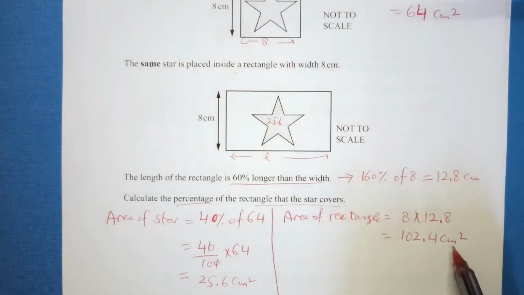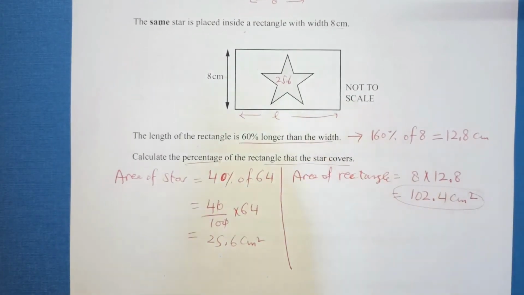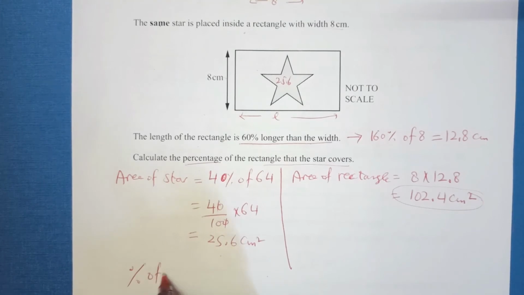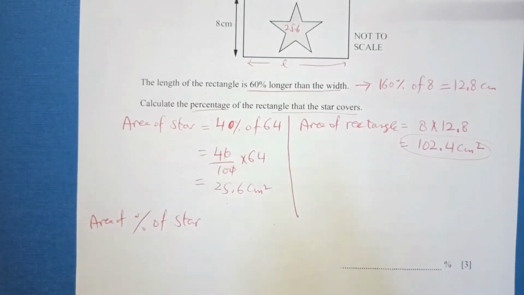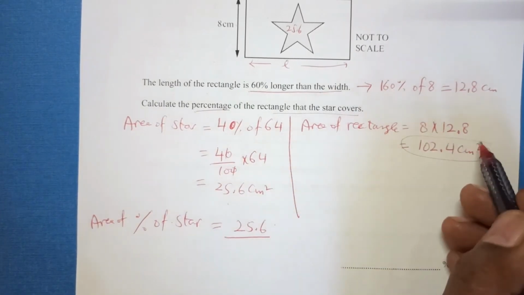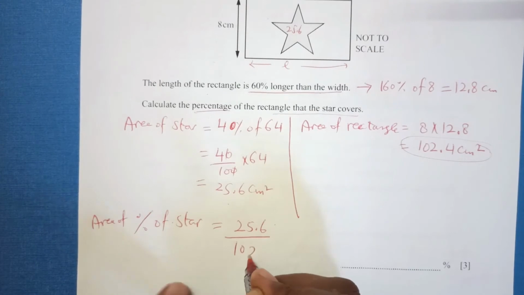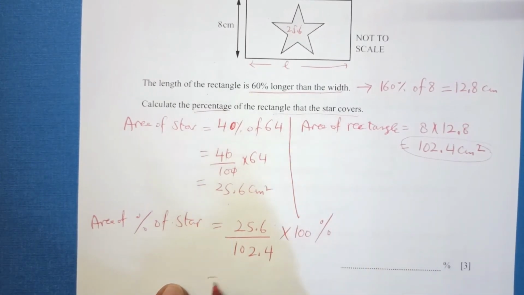The star's area is the same, 25.6, out of the total area of 102.4, times 100.